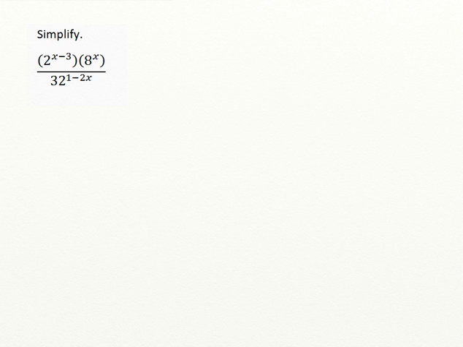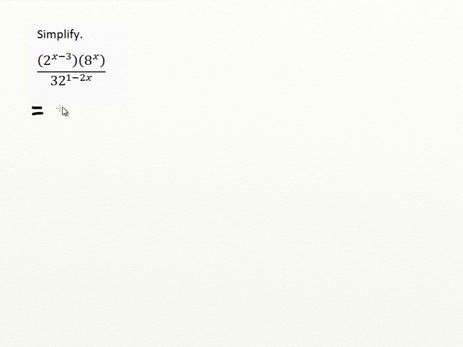But I can actually just do a little replacing here, and I can substitute a power of 2 for 8. I can also substitute a power of 2 for 32, and that would mean that all of the bases would then be expressed as a power of 2, and then I could use my exponent laws to combine them. So let's go ahead and do that.